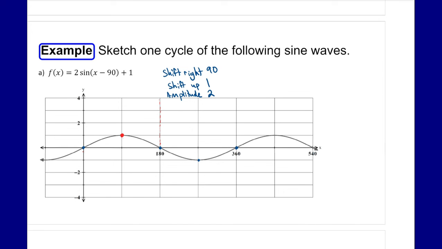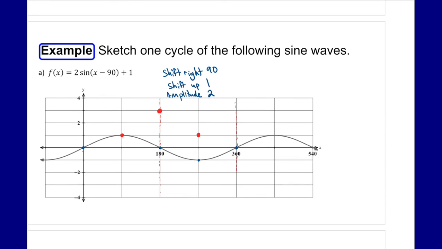If I start here, my maximum should be somewhere along this invisible vertical line. And because I have an amplitude of 2, it should be up 2 from this midline or starting value. Then another 90 away, if I look back to the base form, I come back to that midline. And then another 90 away, I go down to my minimum.